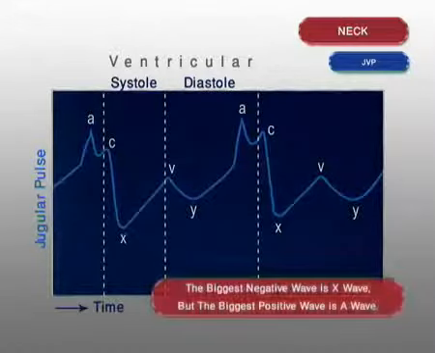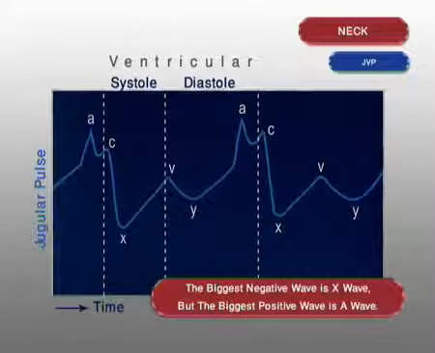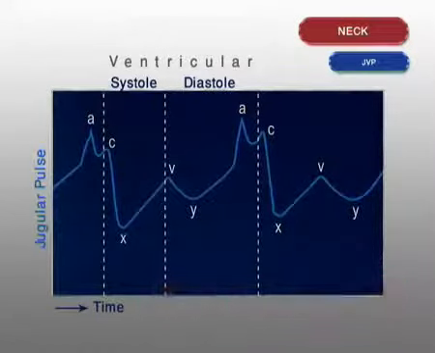So an X wave, which is negative, is coming after the contraction of the right atrium after the A wave, and the second negative wave is the Y descent, which is coming after the V wave. So this is the type of waves, and there are many abnormalities of this.